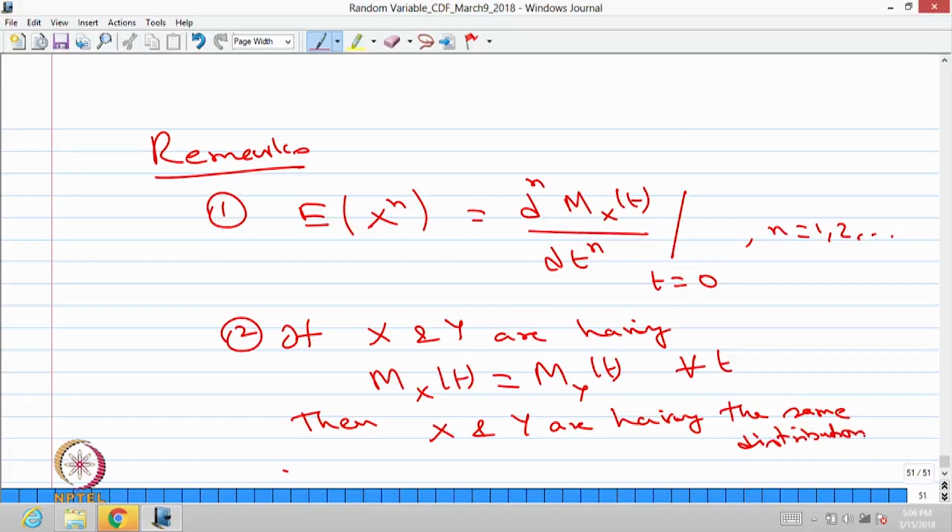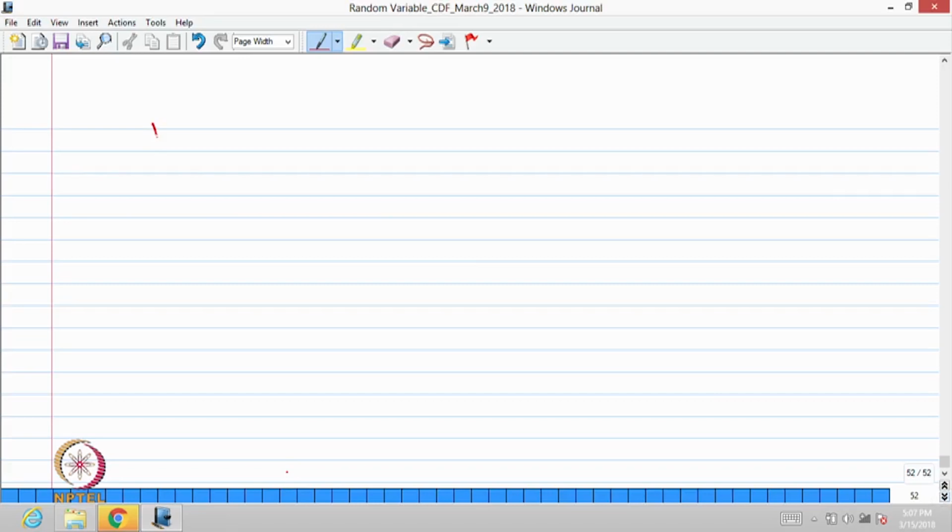This result is valid for the probability generating function also, which I have not mentioned. If two random variables have probability generating functions that are the same for all s, then both random variables have the same distribution.